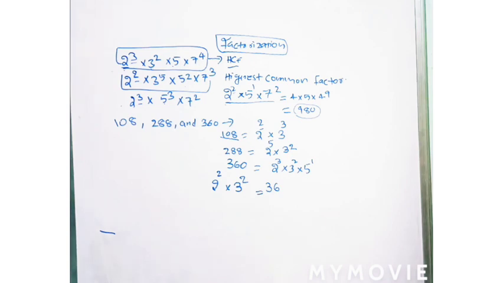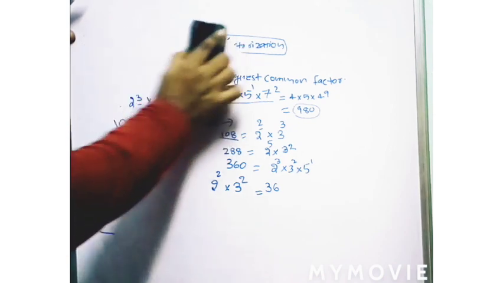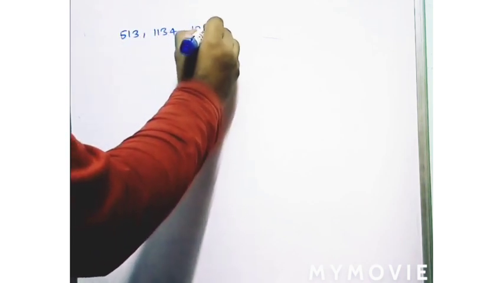Now we can also solve the HCF by using the division method. What do we mean by the division method? Let us check with one example. Suppose we are going to find the HCF for 513, 1134 and 1215.